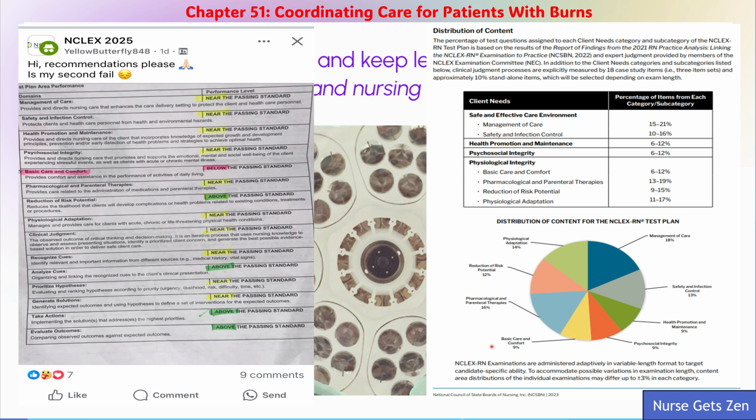I heard some people have about 6 in the NCLEX, and a lot of select-all-that-apply questions and a lot of tables. It's like true or false.